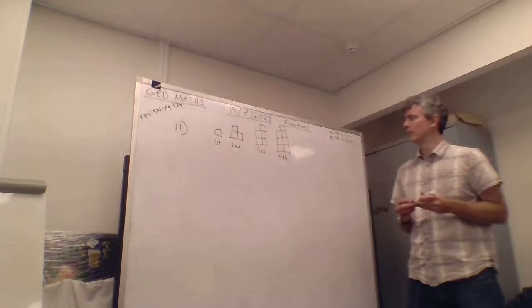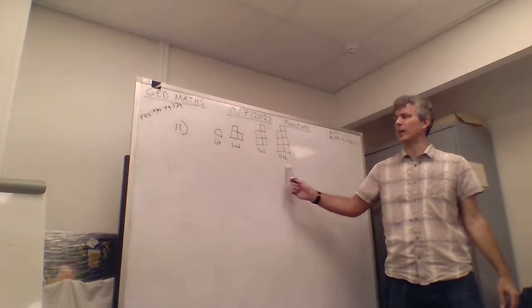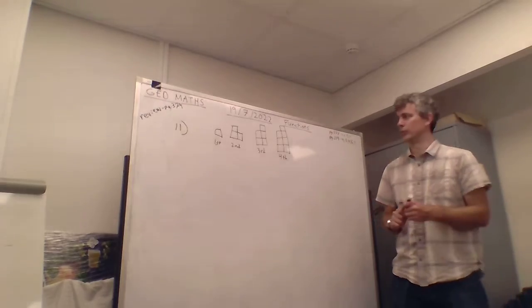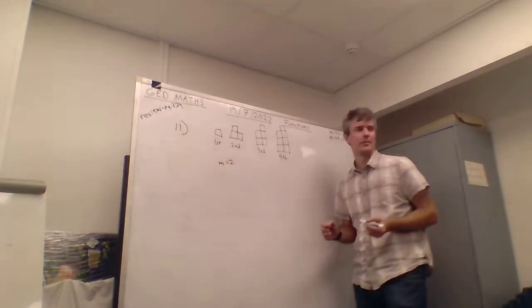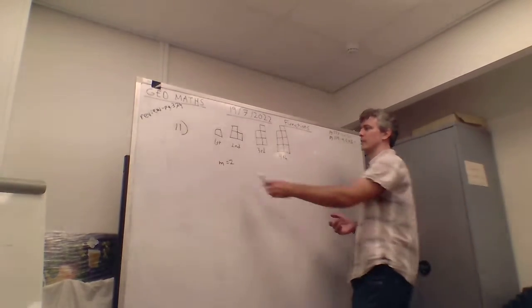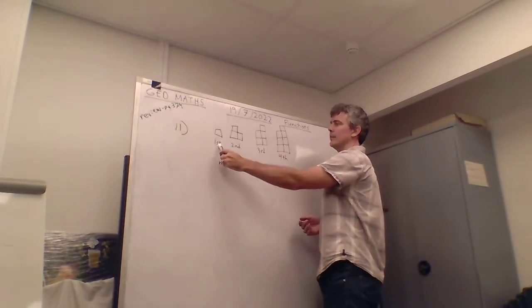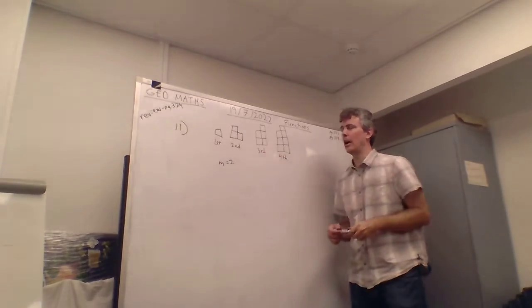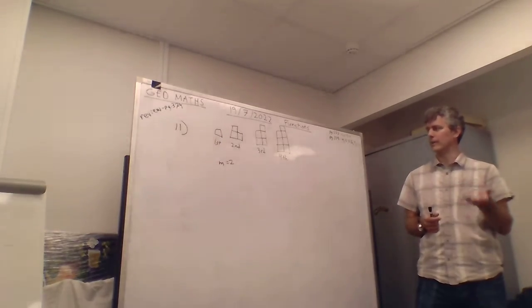So what are they increasing by each time? 2, right? So that means our slope is 2. Term 1 has just 1 of them, 2 has 3, 3 has 5, 4 has 7.